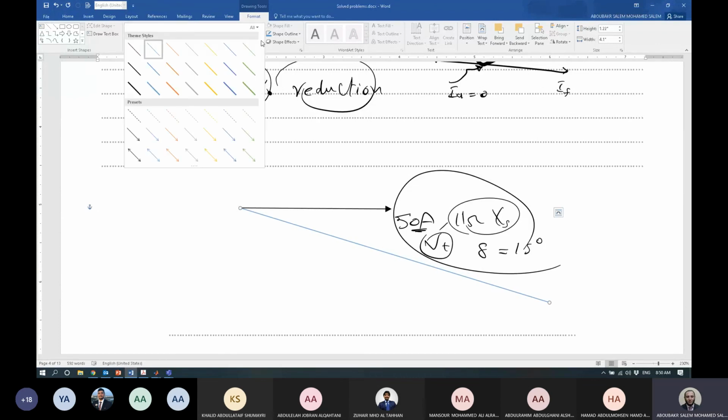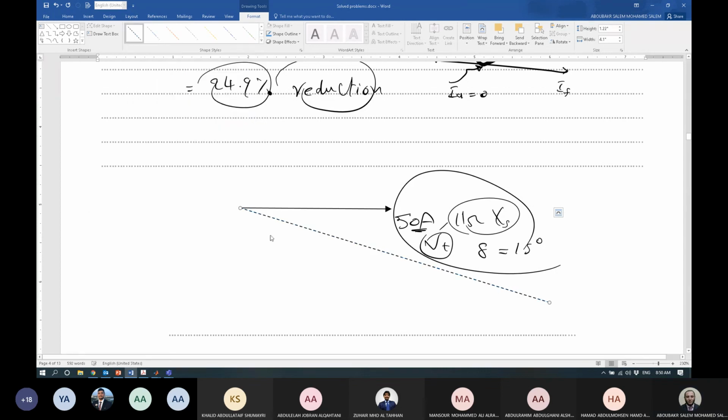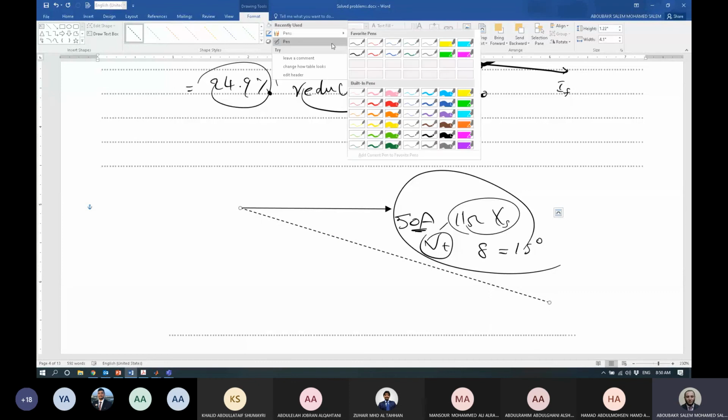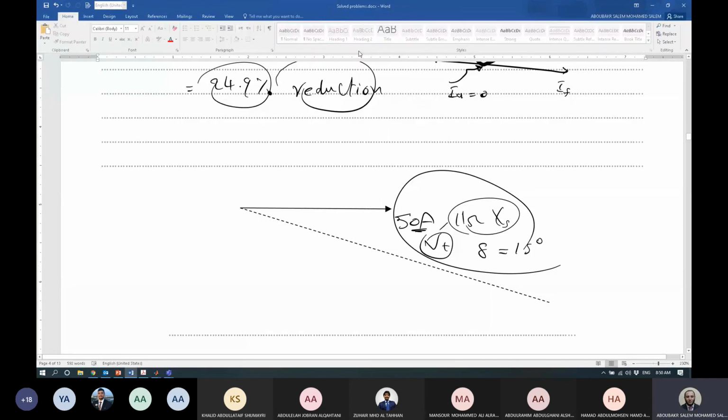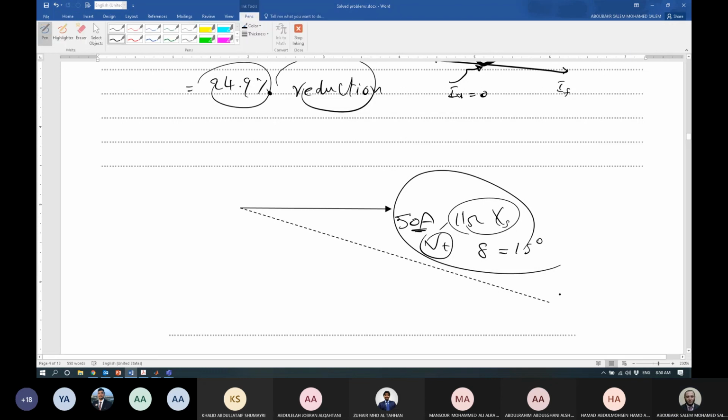And this will be a locus for EF. Okay, so this is now the locus, it's not the vector of EF. So guys, this is the locus and this here is 15 degrees.